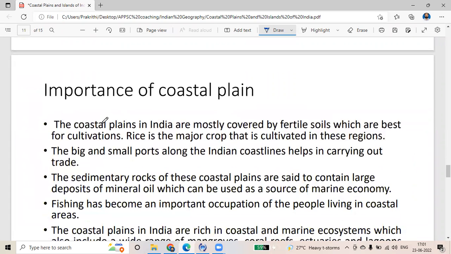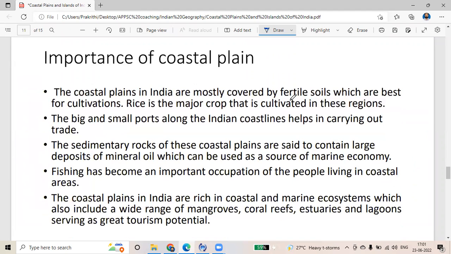Then the importance of the eastern and western coastal plains. What is the importance of the eastern and western coastal plains? The coastal plains in India are mostly covered by fertile soil. As I said, these are river deposits, so they contain alluvium. Alluvium means the soil is fertile. With fertile soil, that area will be suitable for cultivation or agriculture.